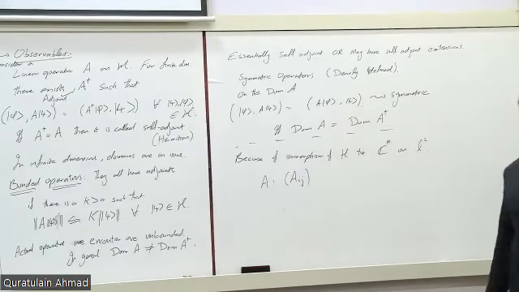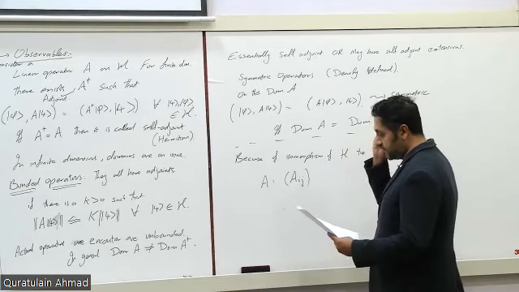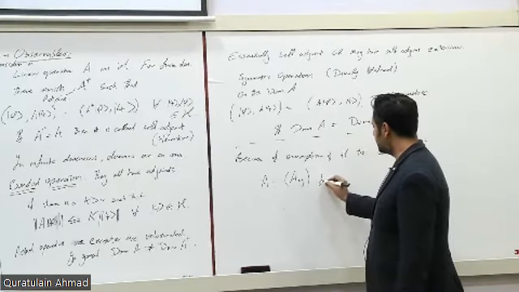So A_ij is the matrix element. In the finite dimensional case, it's just simply a matrix. And in the infinite dimensional case, you have an infinite dimensional matrix.